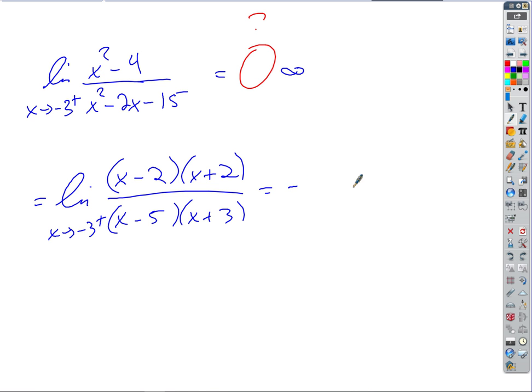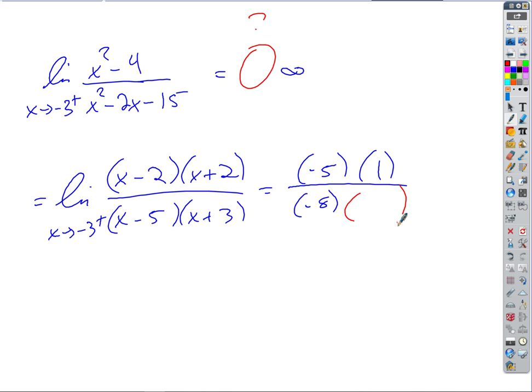Let's just see what we get when we evaluate this directly. On the top, as x approaches negative 3, what's that going to be? And on the bottom, what's that going to be?